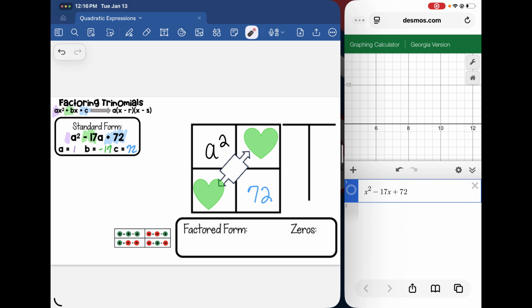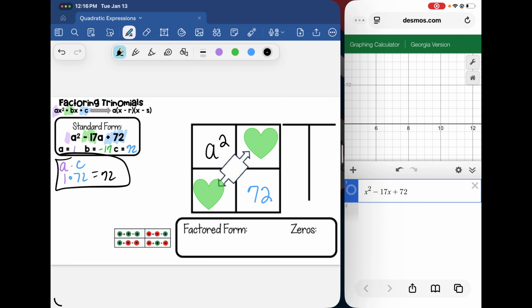Multiply a times c. So a times c in this case gives me 1 times 72, which gives me 72. So a times c is 72. So I want two numbers that multiply to a positive 72, but add to a negative 17.